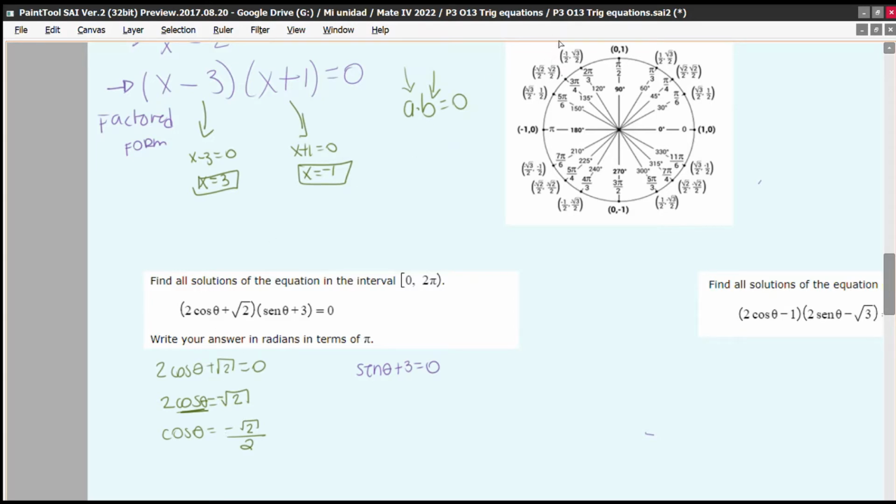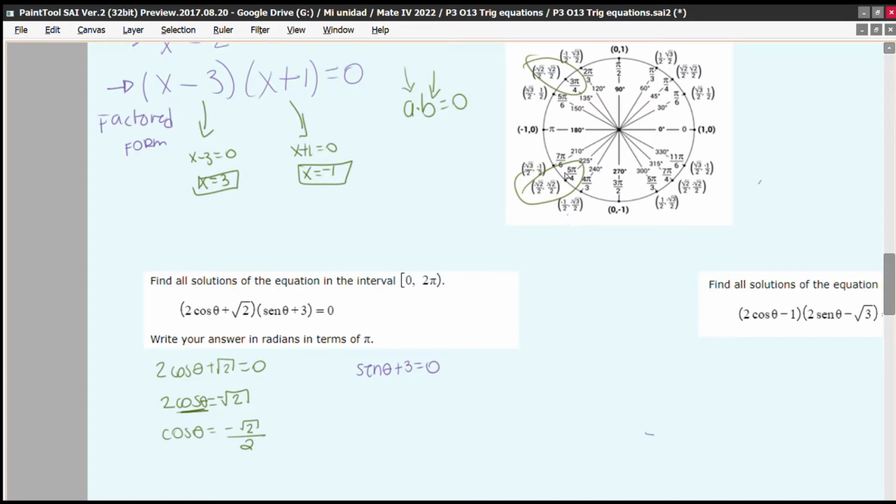So let's go here in my unit circle. Where is cosine negative? We know that because cosine is x, cosine is negative in these two quadrants. And which angles in those two quadrants give me a value of cosine of minus square root of 2 over 2? 3 pi fourths and 5 pi fourths.